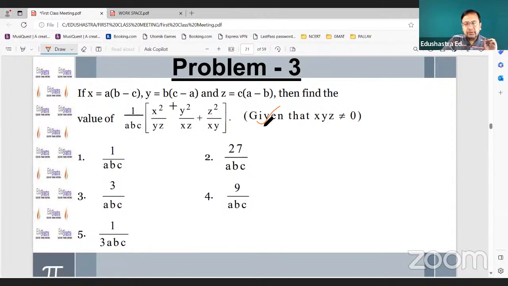See, the first thing you should keep in mind, you need to simplify your calculation, your answer. Right? If you complicate the things in the examination hall, then the things will be getting worse and worse, right? So just try to simplify it. What to do now? Okay.